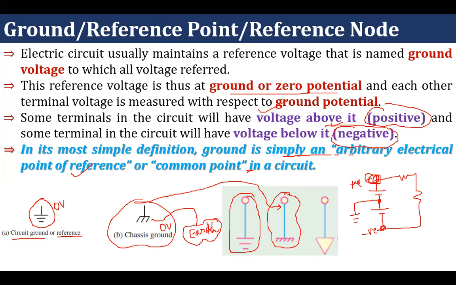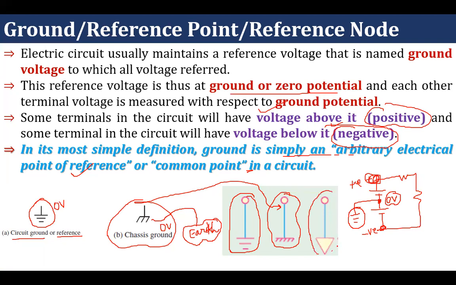No, with respect to earth, if I measure the potential of this point, it will not be 0 volt. But when I have taken this as a reference point, for the sake of measurement, this point is behaving at 0 volt, and all other nodes voltage will be measured with respect to this point. Okay, again in coming classes we'll explain this concept.